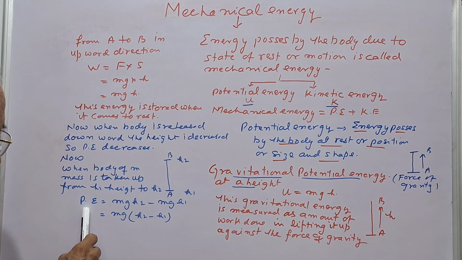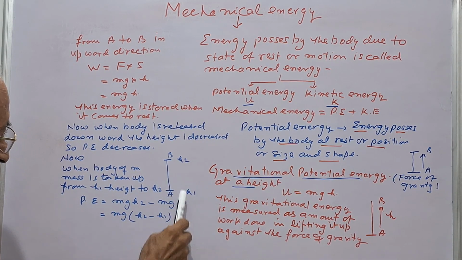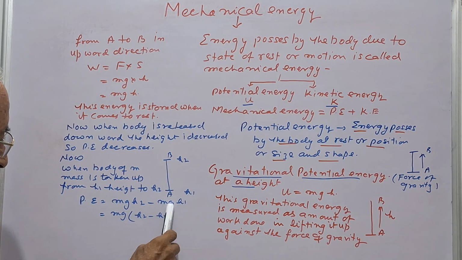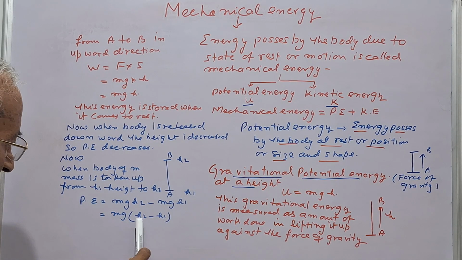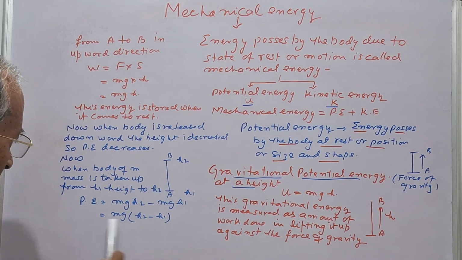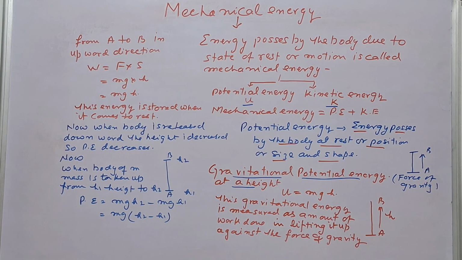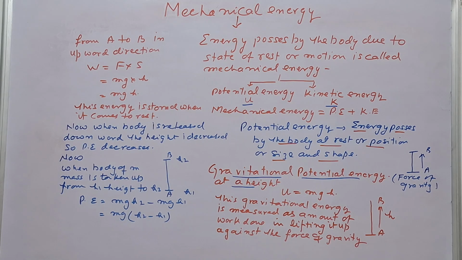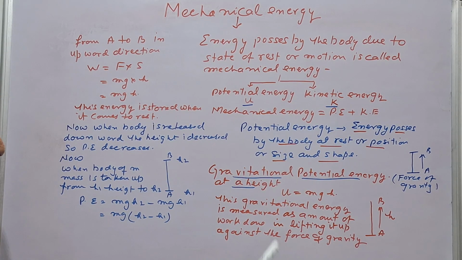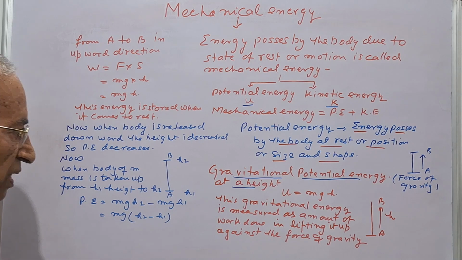So here the potential energy is mgh2 at height h2 minus mgh1 at height h1. If we take mg common, it is equal to mg(h2 minus h1). So this indicates that the potential energy depends upon the height from the ground. So today I explained potential energy due to change in state, as gravitational potential energy.